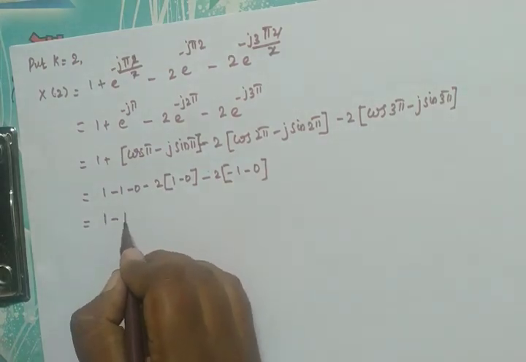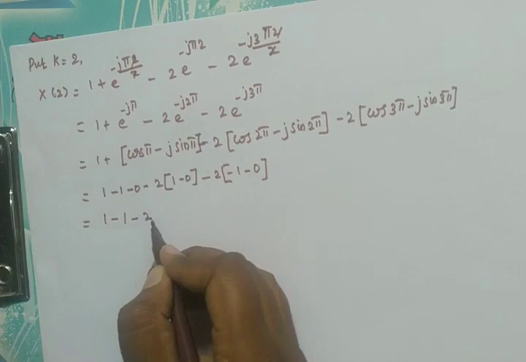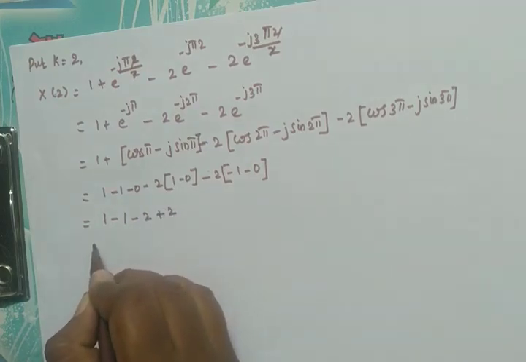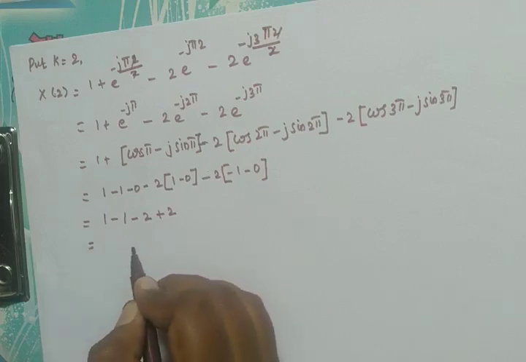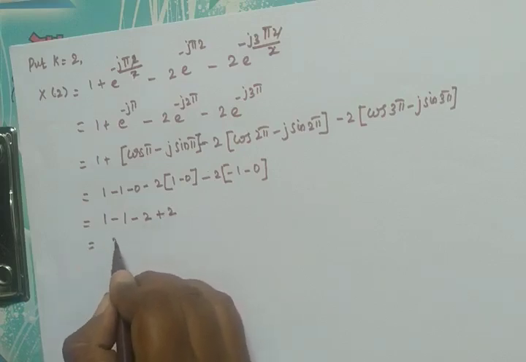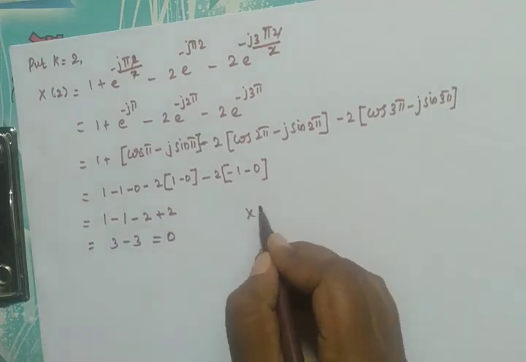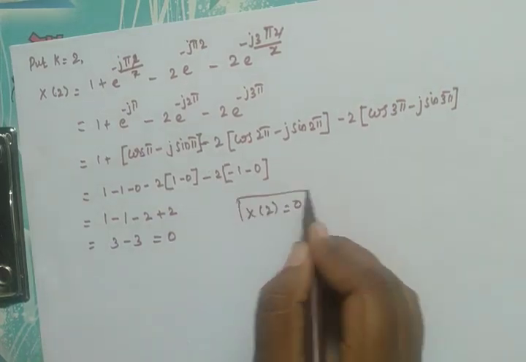So 1 minus 1 minus 2 plus 2, therefore we have 3 minus 3 is equal to 0. Therefore, X of 2 is equal to 0.